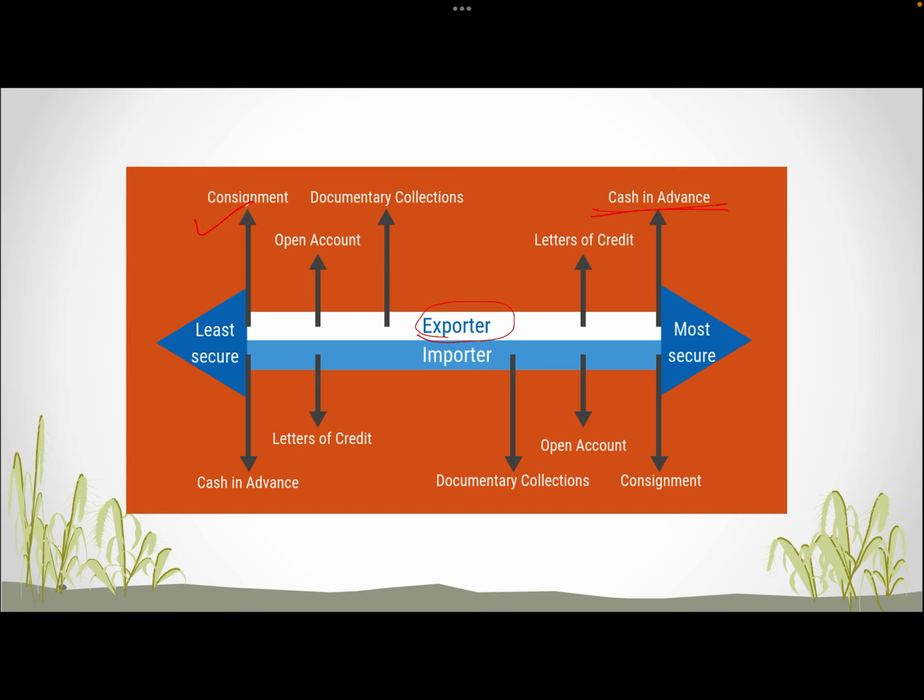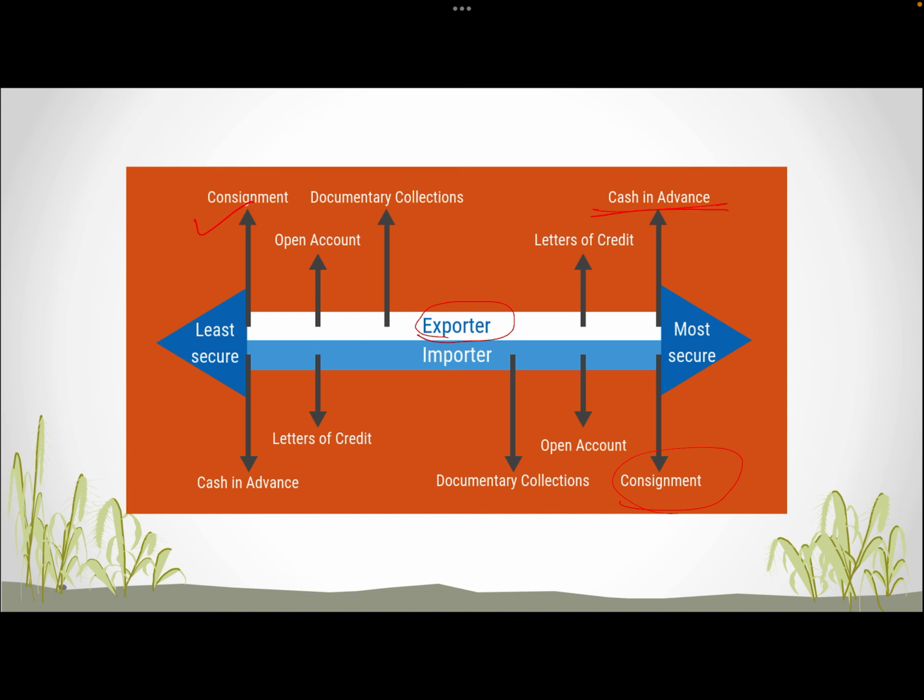For the importer, the least secure is cash in advance, because the buyer has to pay in full even though they have not got the goods yet. And followed by letter of credit, documentary collection, open account, and the most secure is consignment, because with consignment, the buyer only pays after they sell the goods.